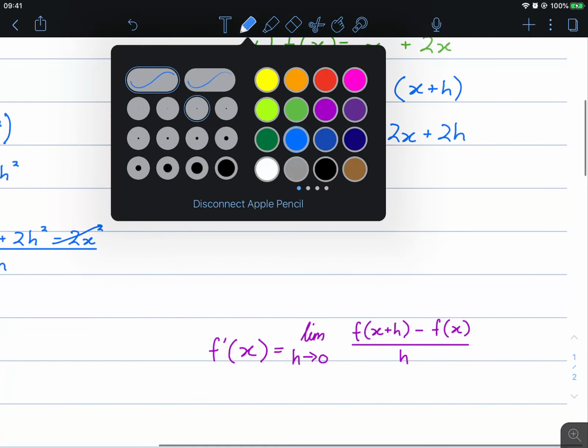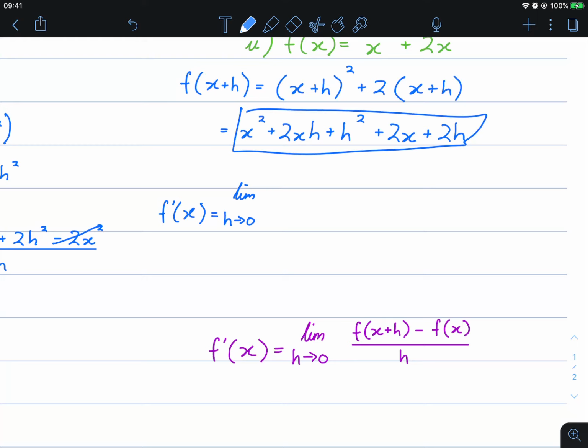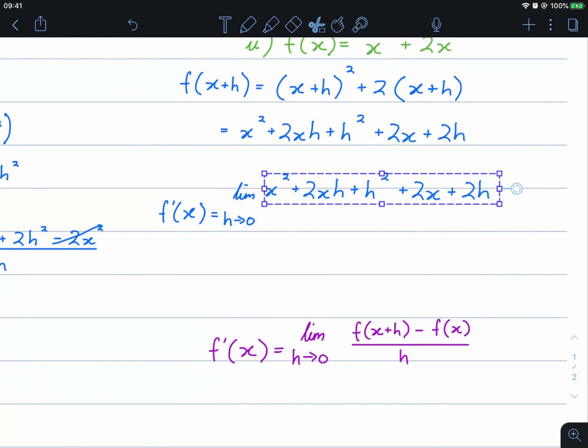Here's where it's going to get slightly messy. So now the derivative f prime of x is equal to the limit as h approaches 0, simply just following this, of f of x plus h. Well, we've just calculated that. This is f of x plus h. So let's duplicate this.